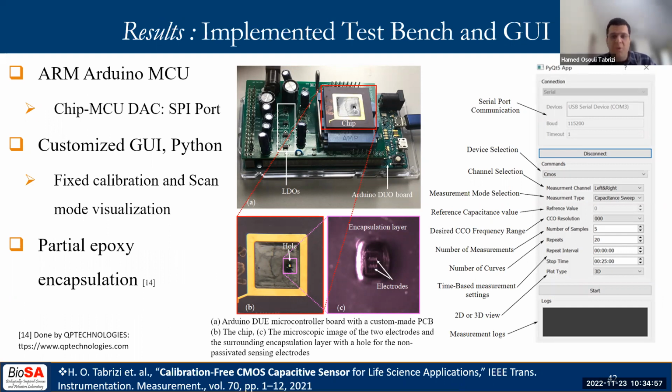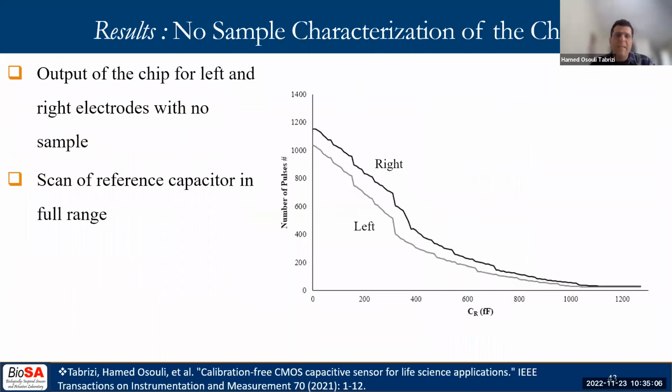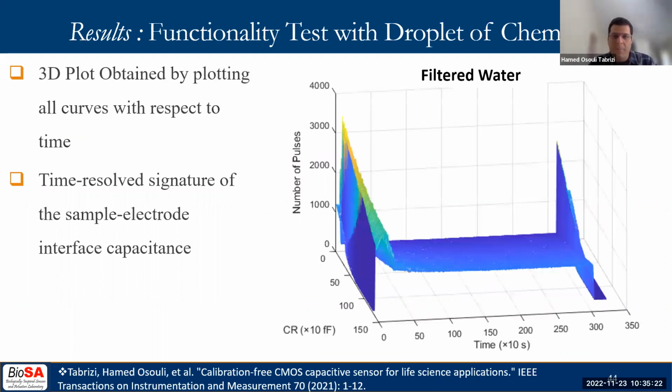There are different options for the user to configure the test conditions, such as the type of test, the number of measurements, etc. This is the first electrical characterization result of the fabricated chip with no sample for both right and left electrodes. The patterns agree with the simulations for low conductivity solution, which in this case, there is no solution on the chip.